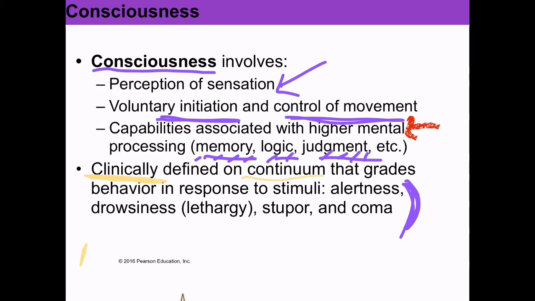where you start off as conscious and awake and aware, and then you end up all the way through the worst parts, including things like coma and whatnot. So they grade your behavior into your response to different stimuli or questions, like logic questions.